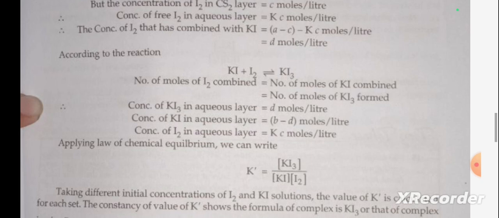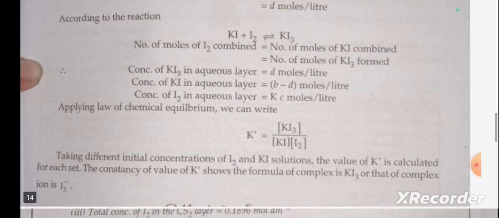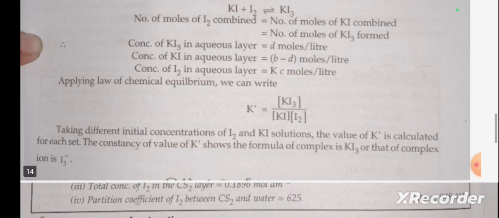The concentration of iodine combined with KI is A minus C minus KC moles per liter, which is equal to D moles per liter. According to the reaction, KI + I2 gives KI3. The number of moles of I2 combined is equal to the number of moles of KI combined, which is the number of moles of KI3 formed. The concentration of KI3 in the aqueous layer is D moles per liter. The concentration of KI in the aqueous layer is B minus D moles per liter.